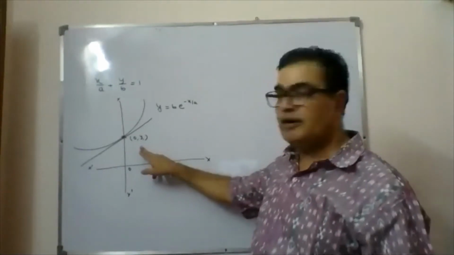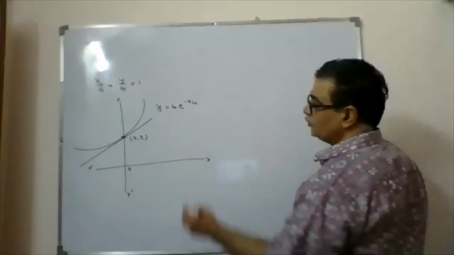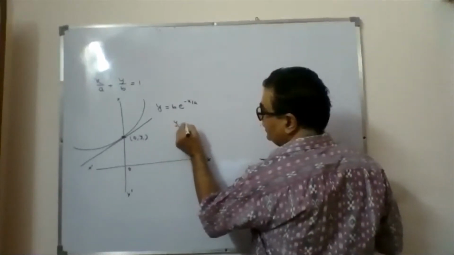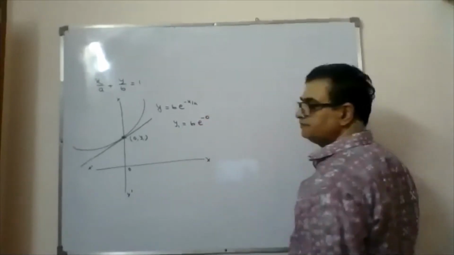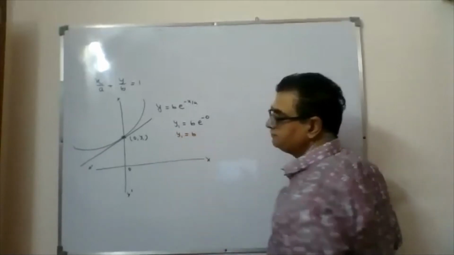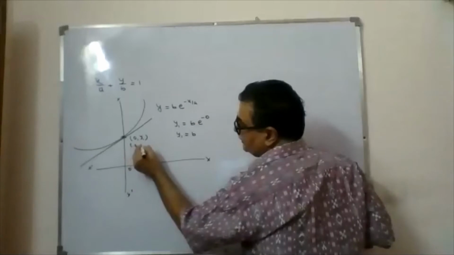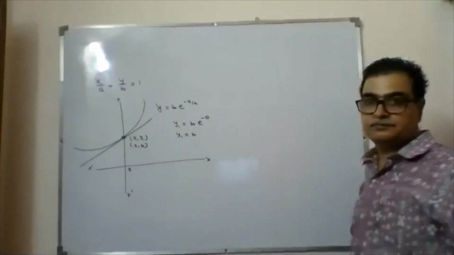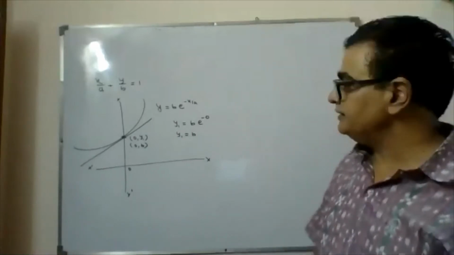And if it is 0, y1, this point will satisfy the curve. When you do this, what will come? y1 equal to b e power minus 0. Then y1 comes out to be b. That means now the contact point is 0, b. We got the contact point as 0, b.